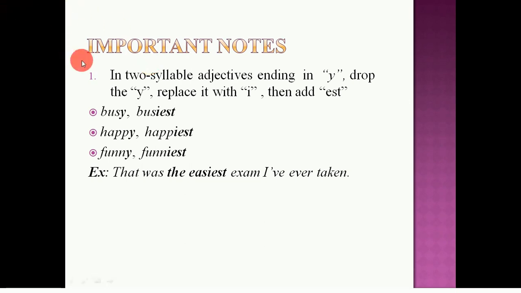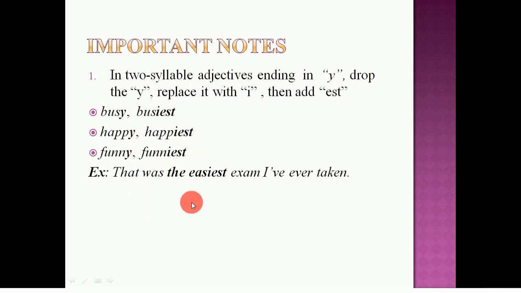Number 1, in 2 syllable adjectives ending in y اللي يخلصوا بالحرف y، وش نديروا فيهم؟ We drop the y, we replace it with i, then you add est. يعني ديما the adjectives with the 2 syllables that end with y, they are considered as short adjectives. Okay? Like busy, busiest, happy, happiest, funny, funniest.